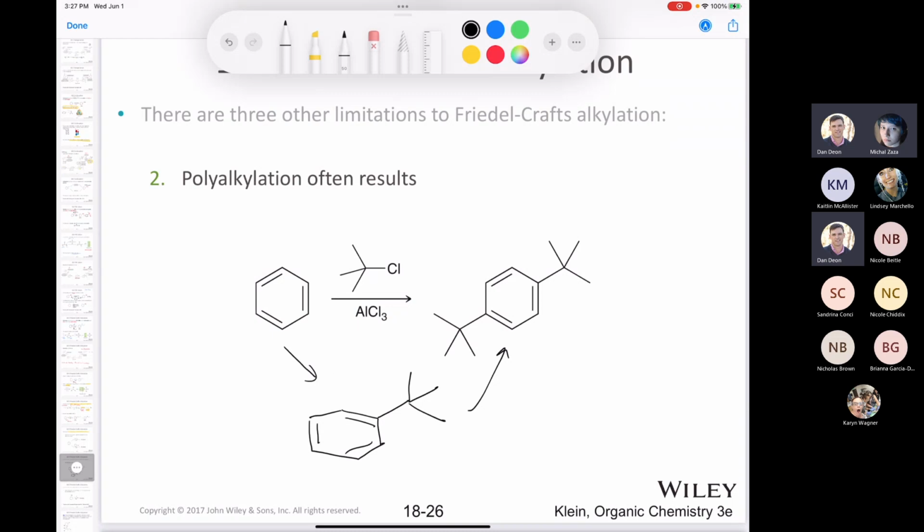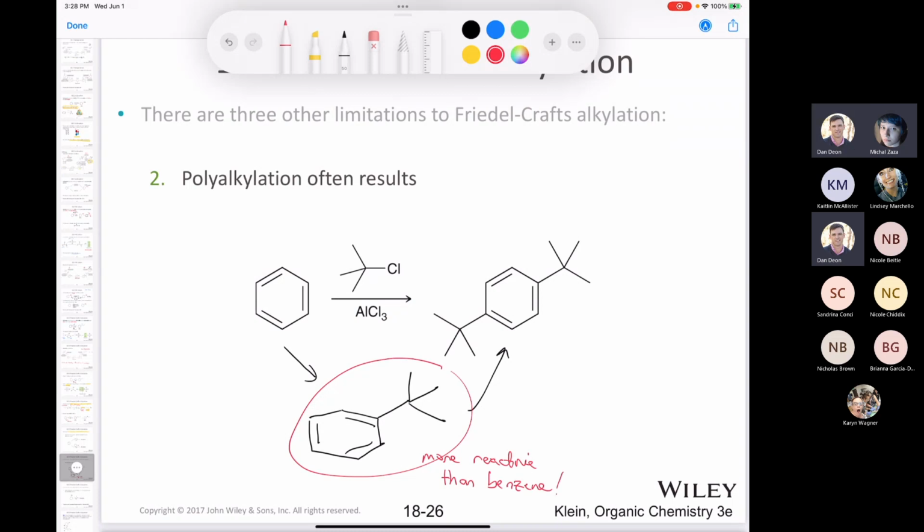When you add that first tert-butyl group, it makes the ring more reactive. So tert-butyl benzene is even more reactive than benzene. It's even more ready to react than benzene.